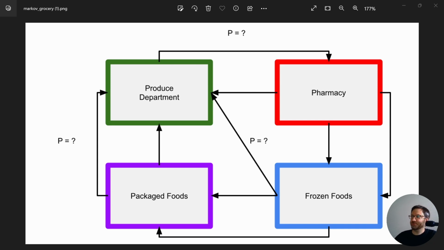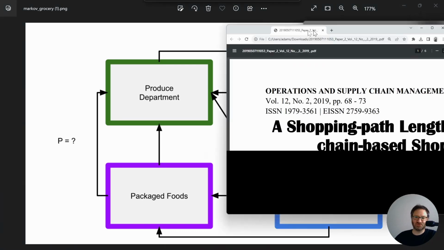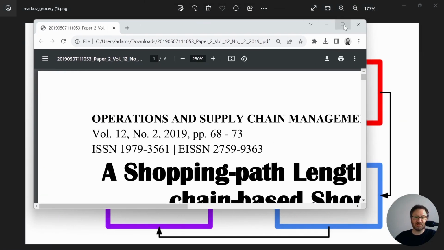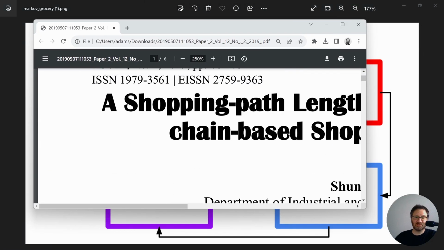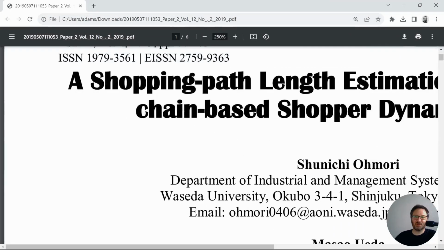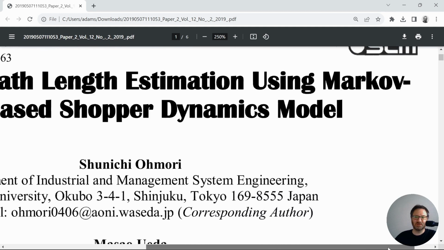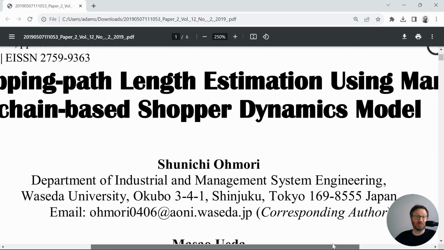And I wanted to show you really quickly, so I'll just drag this window over here. There's a paper relatively recently called "Shopping Path Length Estimation Using Markov Chain-Based Shopper Dynamics Model."